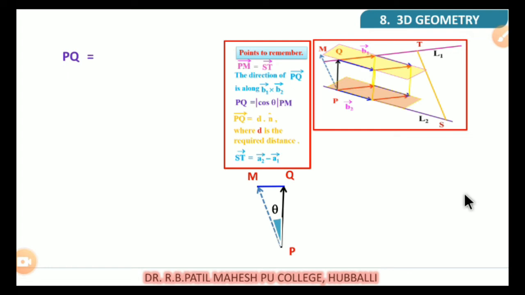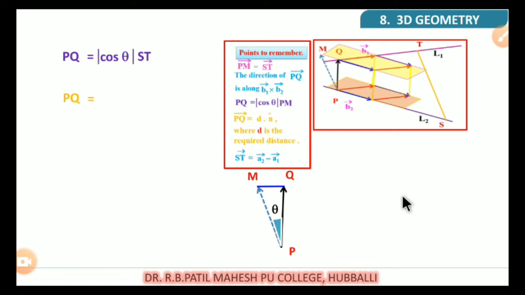So PQ is equal to the modulus of cos theta into ST, where PM is replaced by ST. ST is the magnitude of the ST vector, and PQ is the magnitude of the PQ vector, so I am not going to take the arrow mark here. The arrow mark represents the vector, but this ST represents only the magnitude of that ST vector.